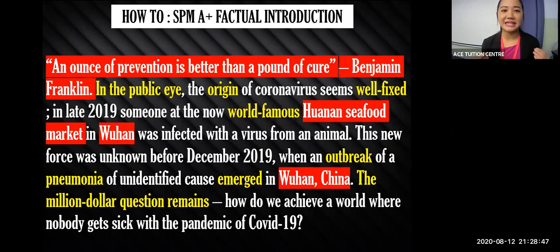You have to memorize the person who has said it. Of course, preferably the person is someone famous, historical. Albert Einstein would be fine as well. So yeah, this is how you write a perfect SPM A+ factual introduction. Of course, this will take certain amount of practices. Maybe after 5 essays, 10 essays, writing different variations of essay, you would be much more familiarized.